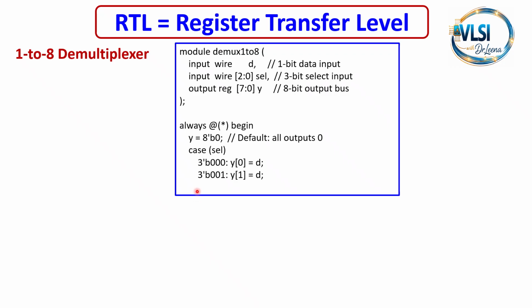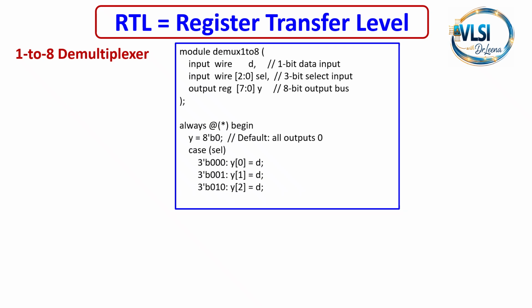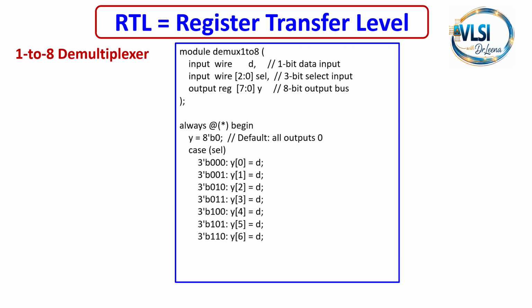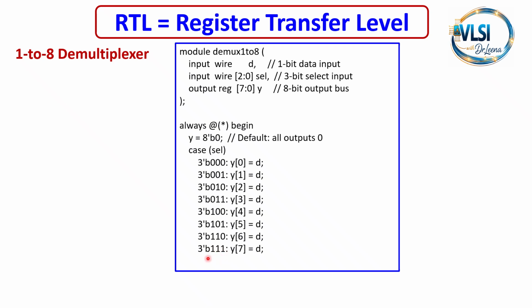And next one is 3-bit 001, and if sel is 001, then assign input D to the output Y1. Similarly, for 010, 011, 100, 101, 110 and 111. That is 3-bit binary, and if sel is 111, assign the input D to the output Y7.